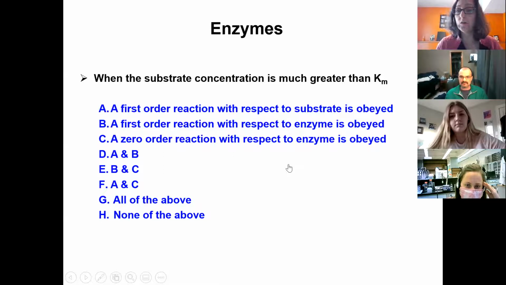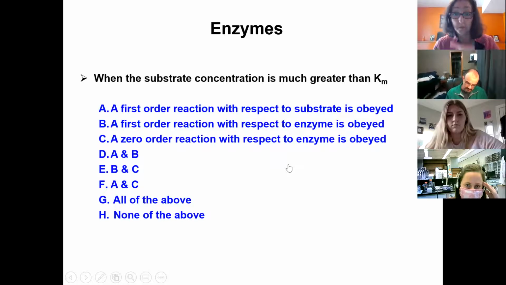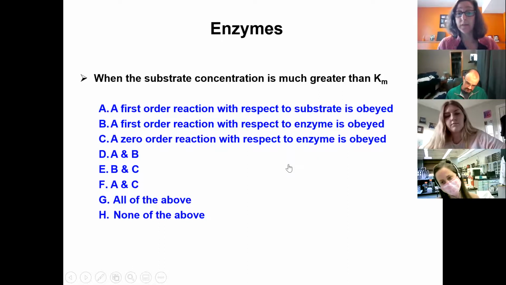So first of all, you want to know what's first order. Just to remind you, first order reaction means the reaction rate is dependent on the substrate concentration, or the reaction rate is dependent on the enzyme concentration. So the reaction rate changes with enzyme concentration.